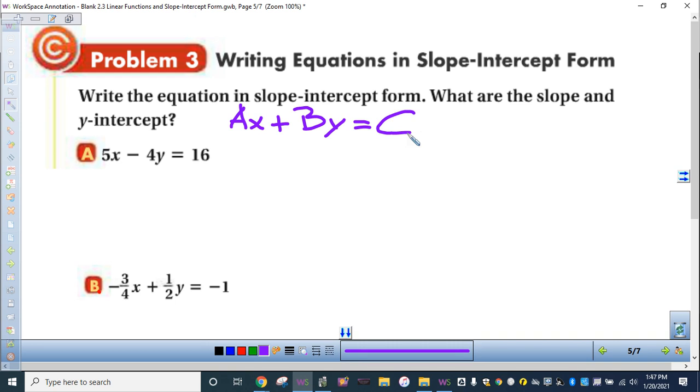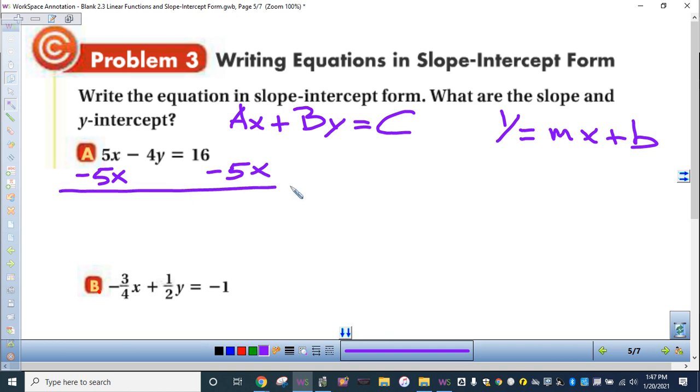If we're switching to slope-intercept form, I want the y on the left by itself, and all of the other stuff on the right side of the equal sign. To do that, we subtract 5x from both sides, and we get -4y equals -5x plus 16.